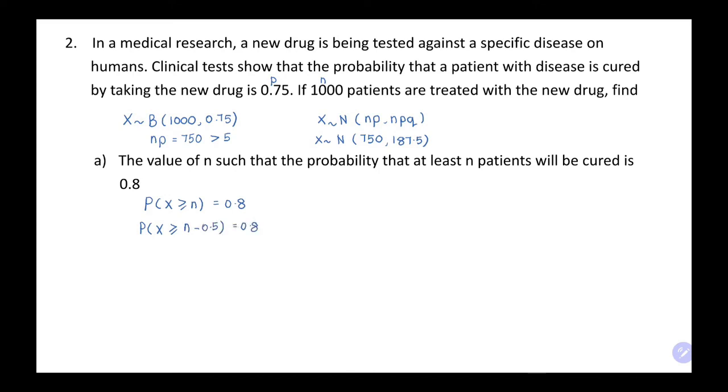Okay, after we use CC, we convert to Z. N minus 0.5, we minus with mean 750, and we divide by square root of 187.5.